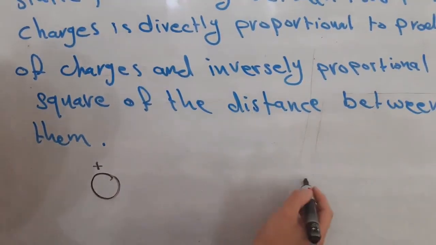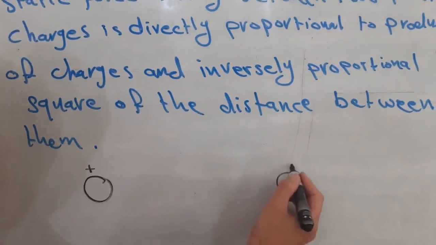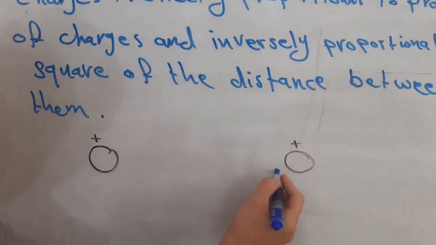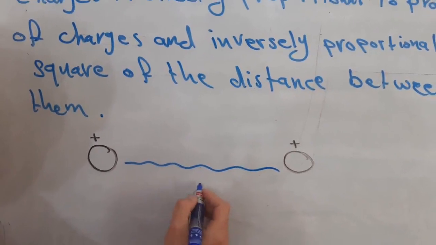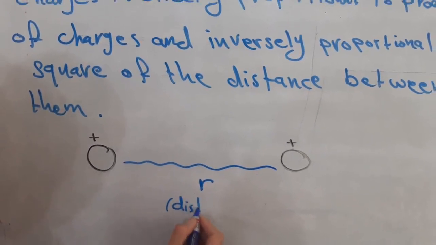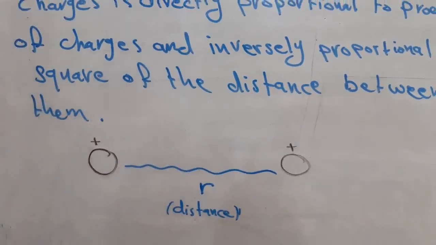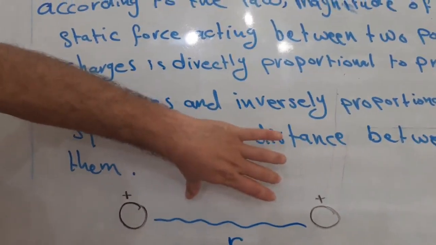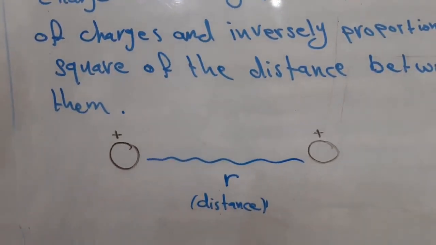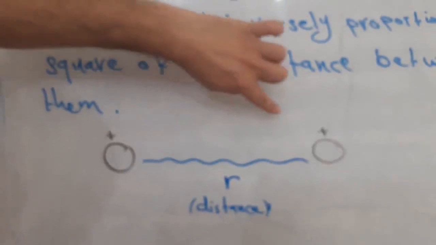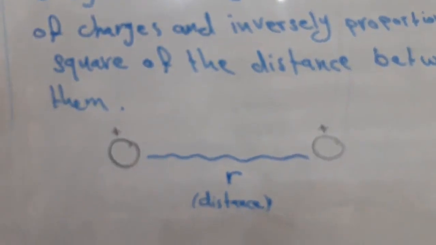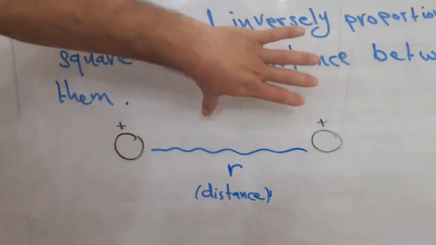positive or negative, at a distance between them. Here r is the distance. If the charges are the same, the force between them is repulsion. But if the charges are different, opposite, positive, negative, or negative, positive, the force will be attraction.